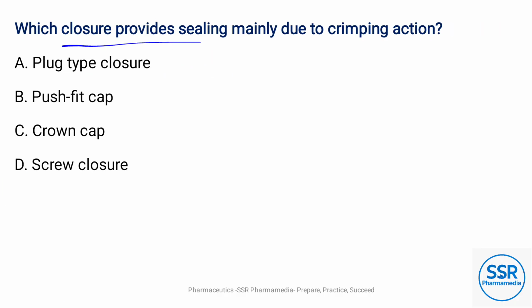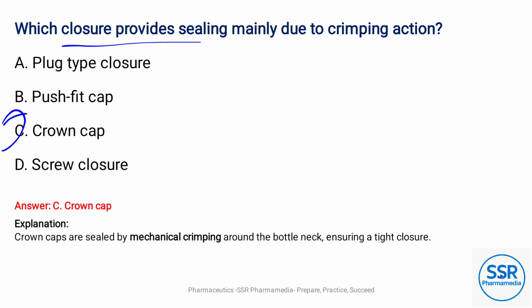Which closure provides sealing mainly due to crimping action? Option C, crown cap. Crown caps are sealed by mechanical crimping around the bottleneck, ensuring a tight closure.